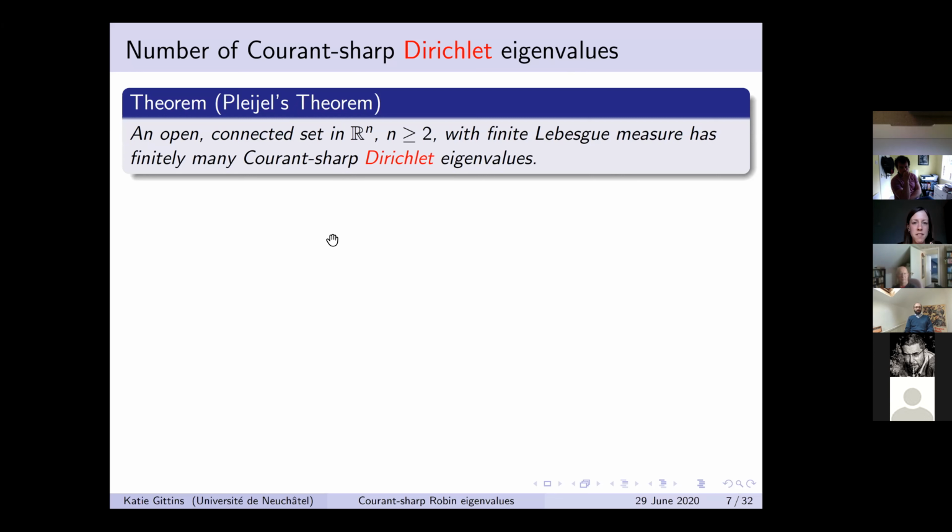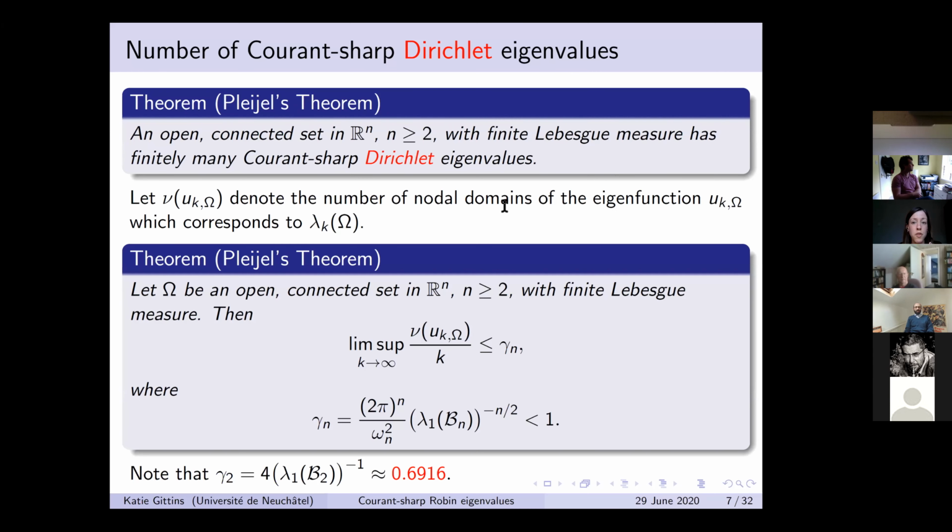But let me give you the more explicit version. I'm going to let nu of u_k omega denote the number of nodal domains of the eigenfunction u_k omega, where u_k omega corresponds to the eigenvalue lambda_k. So we're talking all the time about Dirichlet here. And then explicitly what Pleijel's theorem tells us is that the lim sup of nu of u_k over k is bounded by a constant gamma n, which depends only on the dimension n.